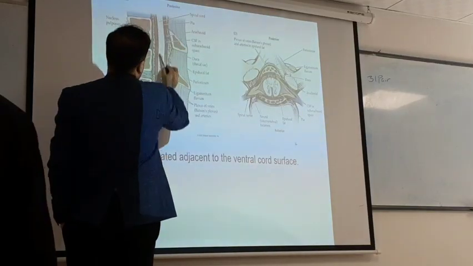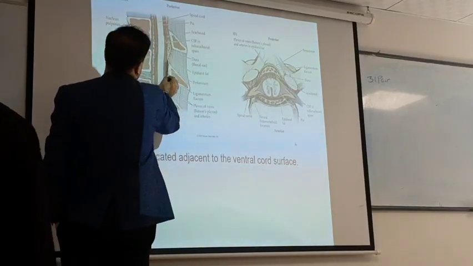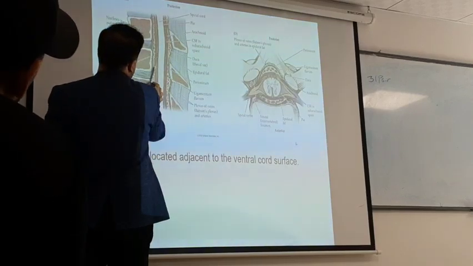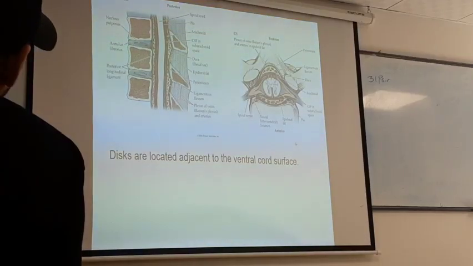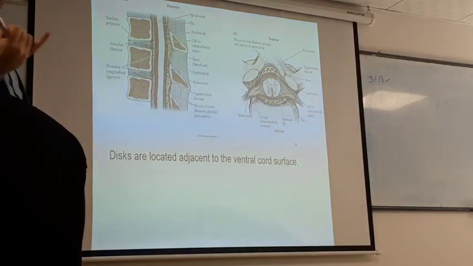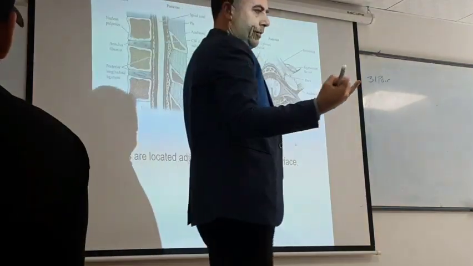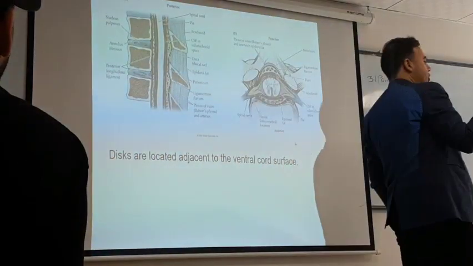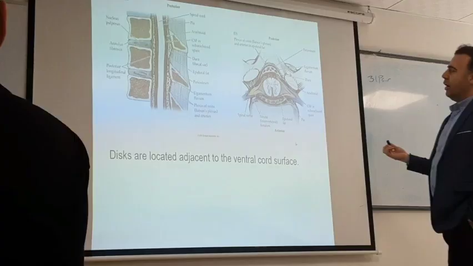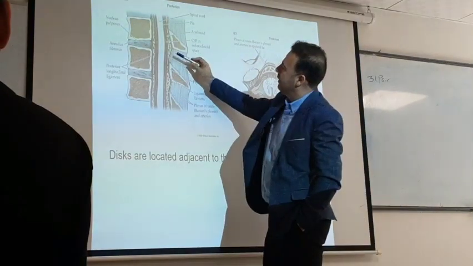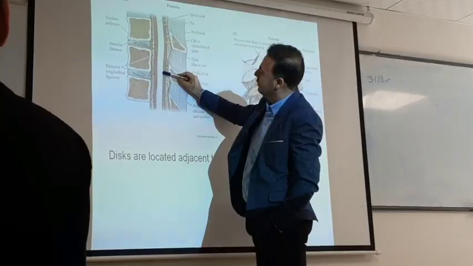This is the spinal cord and this is the meninges. We have three layers of meninges: dura mater, arachnoid, pia mater. Pia mater is attached to the spinal cord.